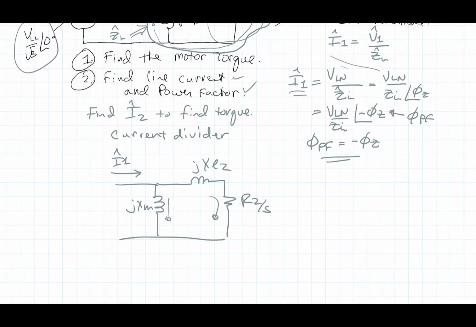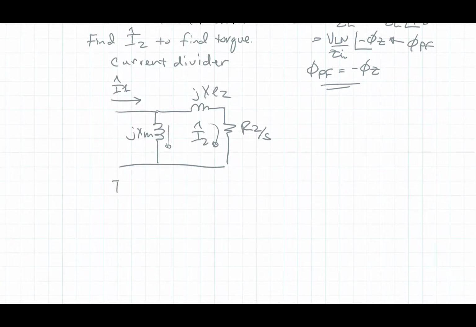So you're after I2 right here. So I2 would be equal to I1 times a current divider.